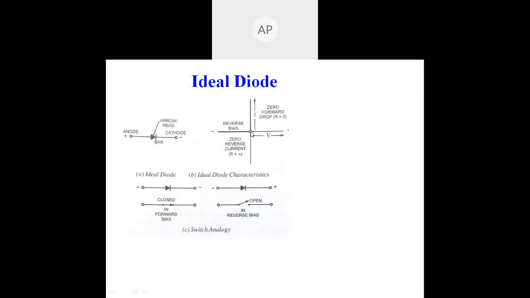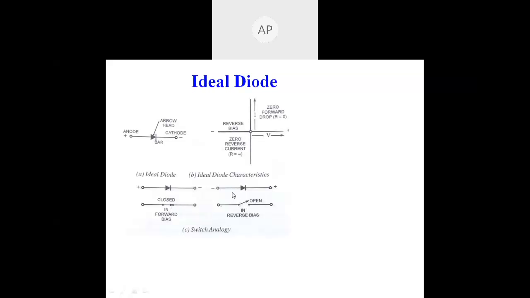So this is the ideal characteristic of a diode. And what will happen for the reverse bias? Reverse bias will offer the maximum barrier near the junction. The current actually flows in this manner, but if you consider ideal, this current will be zero.